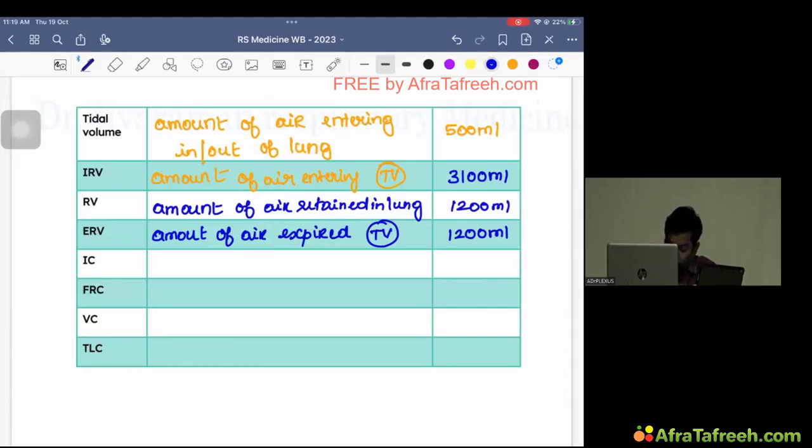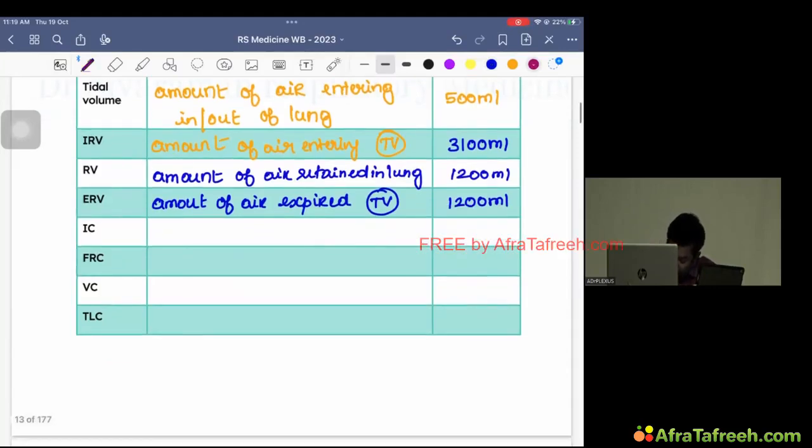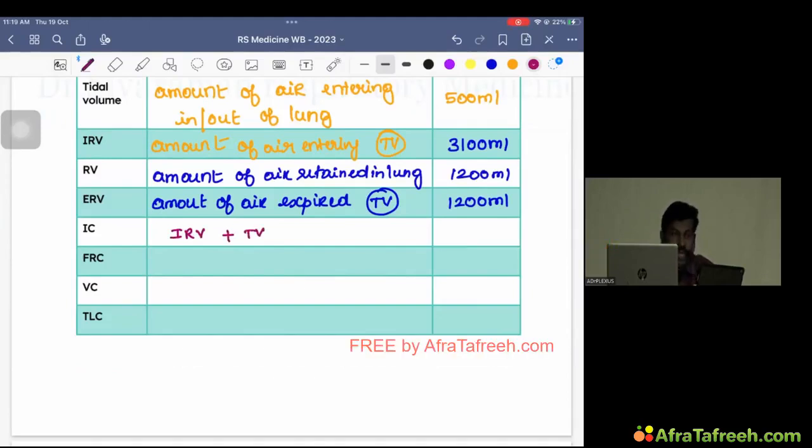Now we are coming to the next thing, which is your inspiratory capacity. Inspiratory capacity is nothing but IRV plus tidal volume. Whenever you mix your tidal volume with the inspiratory reserve volume, you get inspiratory capacity.